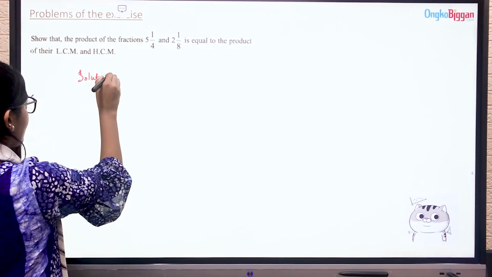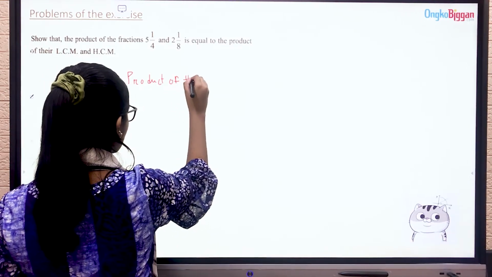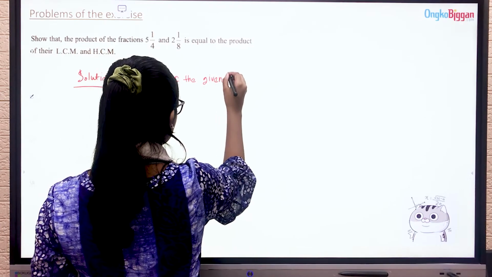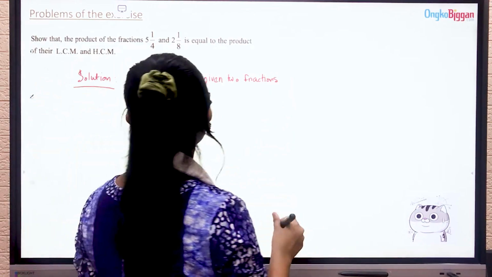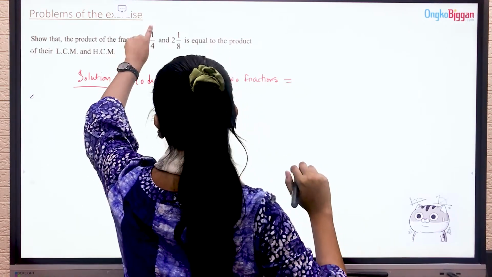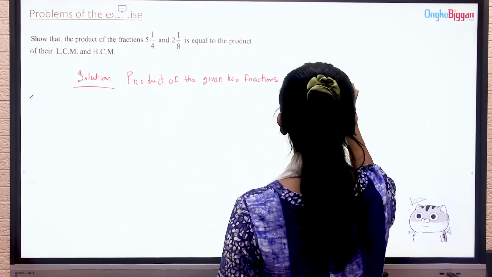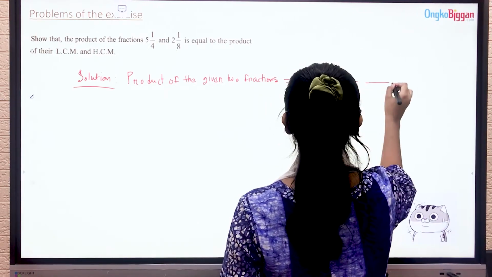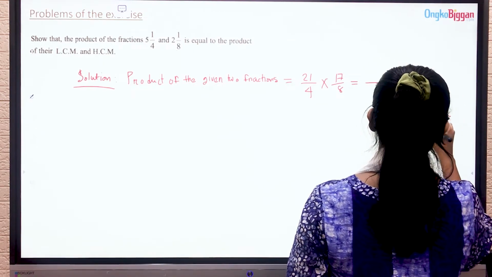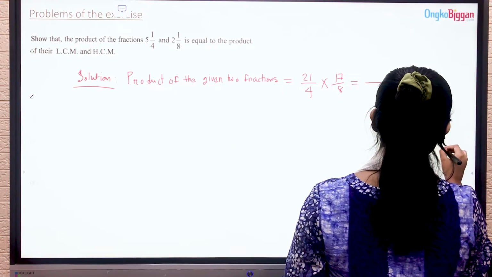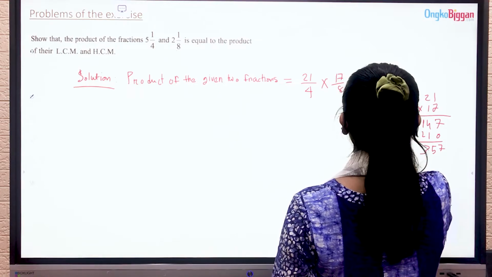Solution: product of the given two fractions equal to, okay, so 5 4 is 20, 21 by 4, 8 2 is 16, 16 and 1, 17 by 8. 21 by 4 into 17 by 8 equal to, so let's just do the multiplication. 21 into 17, 7 1 is 7, 7 2 is 14, 1 1 is 1, 1 2 is 2, so 7, 5, 3, 357 by 8 4 is 32.